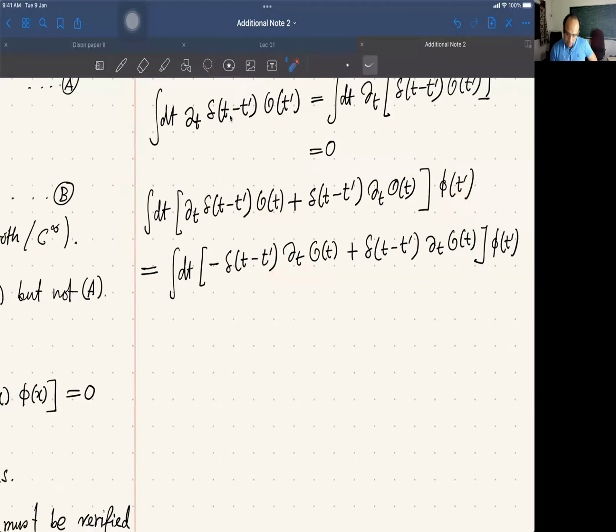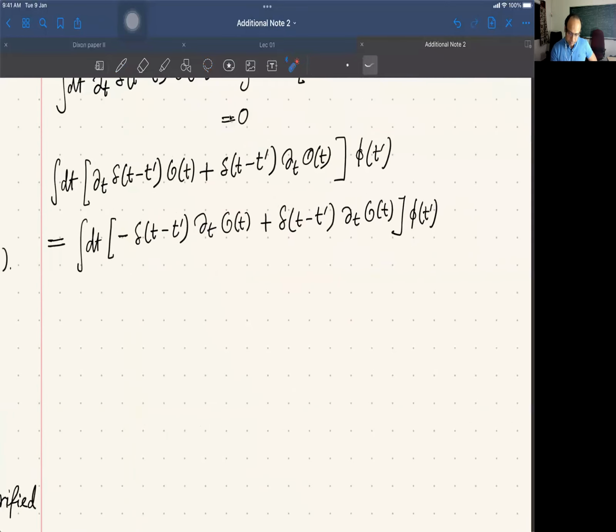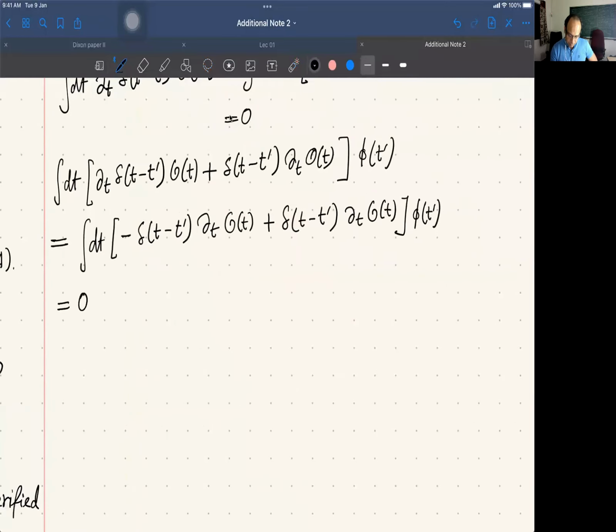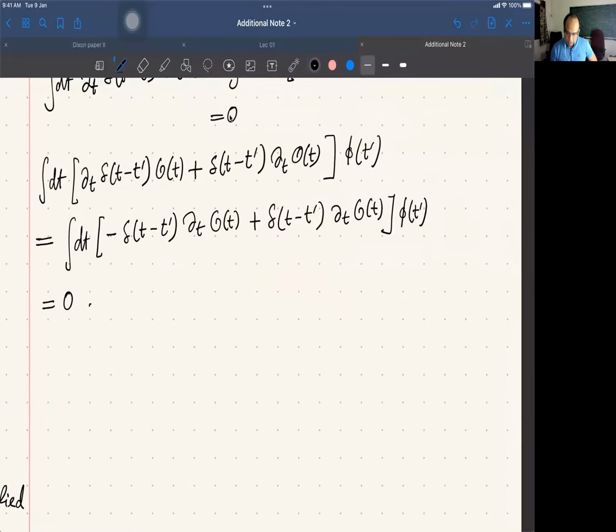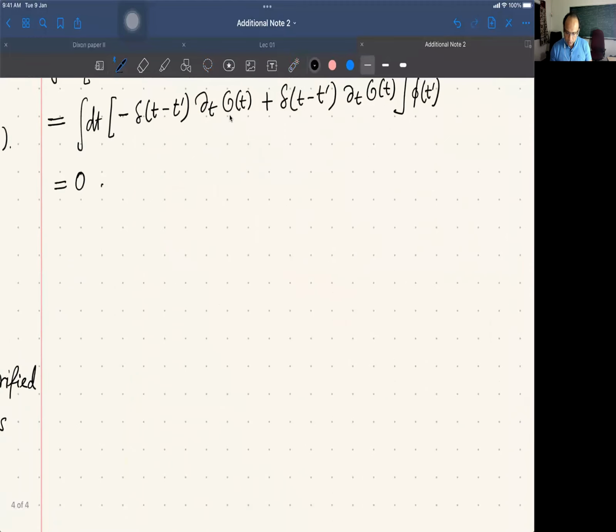So that is it. Now this result is 0 because these two terms cancel. So this is how you prove the third identity, and similarly it's straightforward to prove all the other identities. Okay, now I shall move to discussing the functional derivatives.